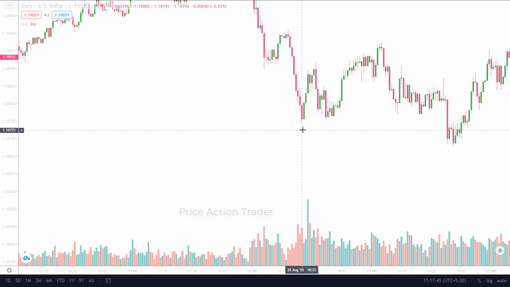Now after this red candle, market wanted to go up. But because of the sellers' huge pressure, buyers pushed but could not go above. And now what happened? Sellers were very high and they forced the market down.